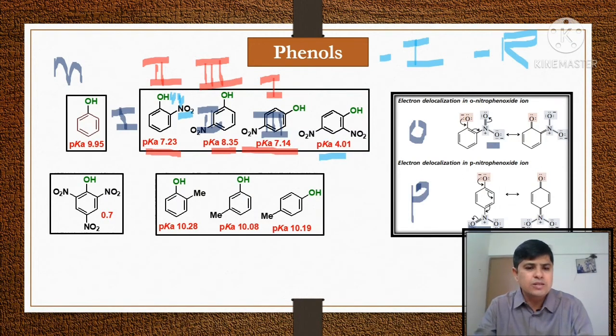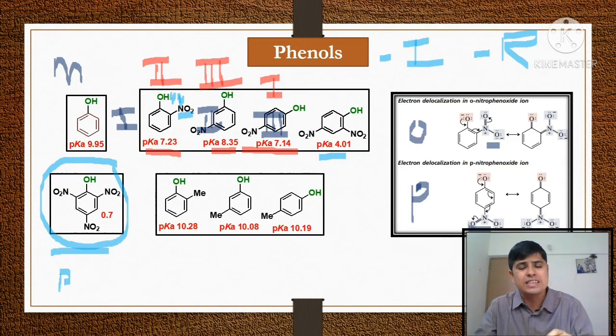Now see here, this is 2,4,6-trinitrophenol, that is picric acid. Picric acid is much more acidic than the rest of the phenols. See the pKa value for picric acid, it is just 0.7. That means it is very acidic, hence the name picric acid. 2,4,6-trinitrophenol is also called picric acid.